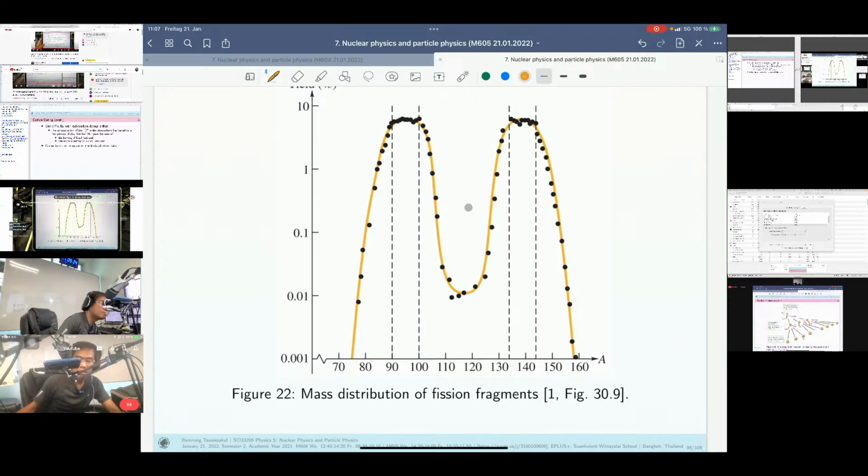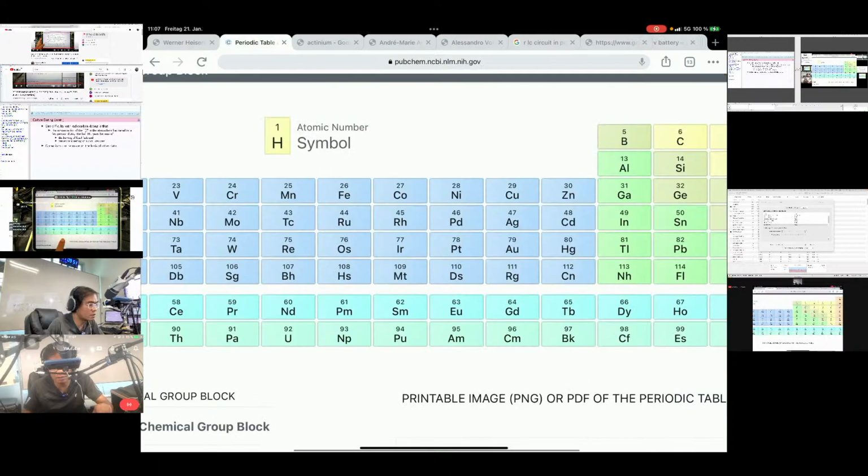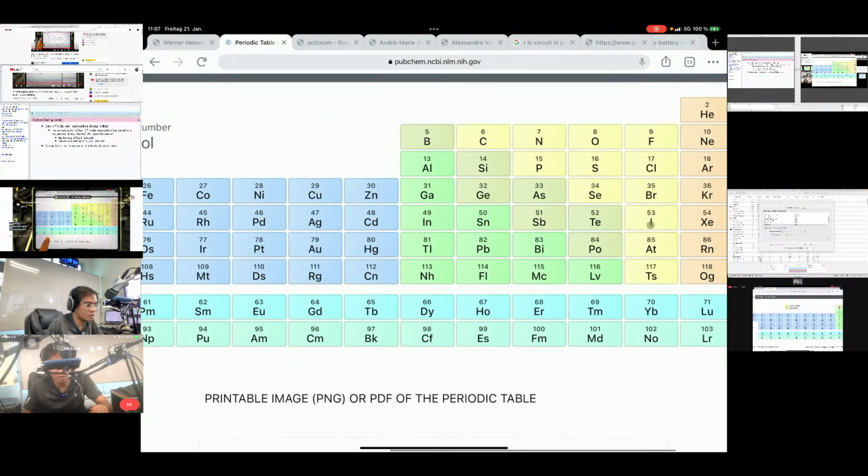For example, Sr and Xe 95. What is that? Any of you who know Sr?